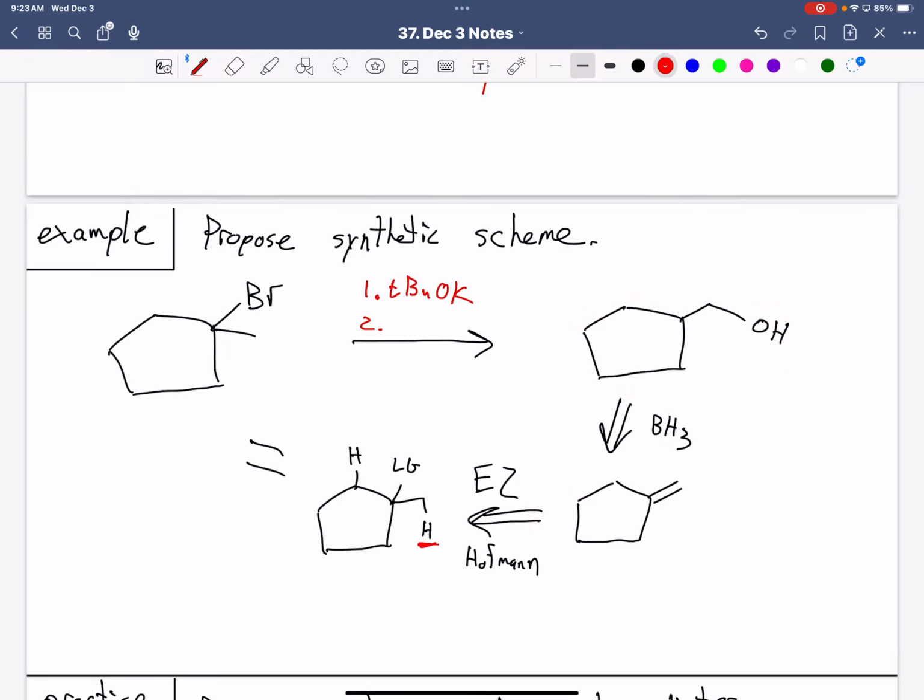And to turn it into that, I just have to hydroborate. And that was a two-step process. Remember that reaction? This is only like 2 reactions. You just gotta piece them together.